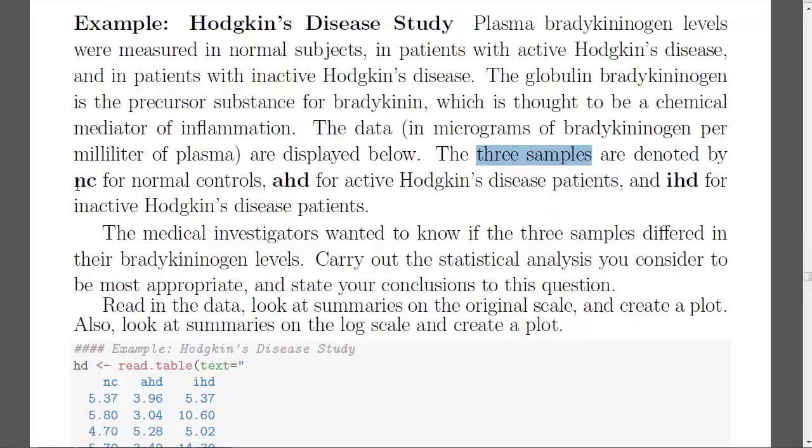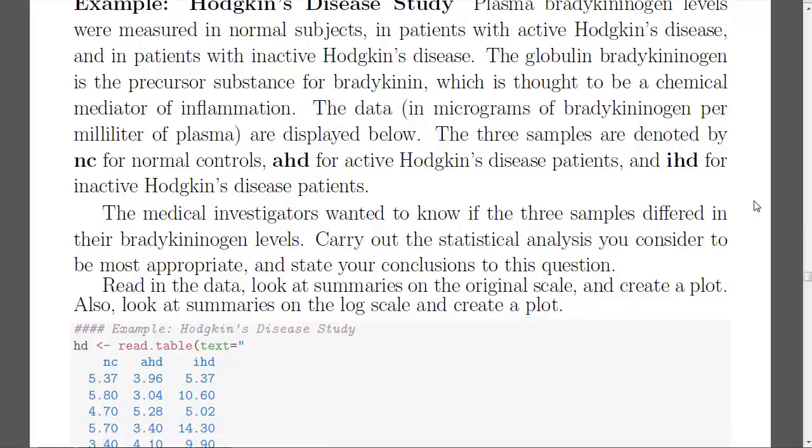These samples are for different people, and we're going to ask about their Hodgkin's disease status, whether they're normal controls, so they don't have Hodgkin's disease, whether they have active Hodgkin's disease or inactive Hodgkin's disease. And clinicians will be able to help identify these 3 groups of people.